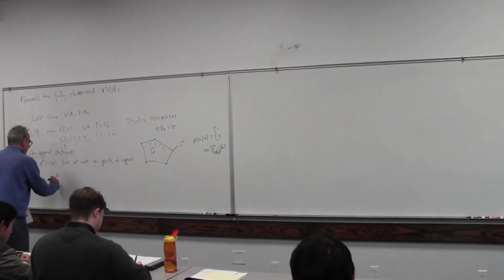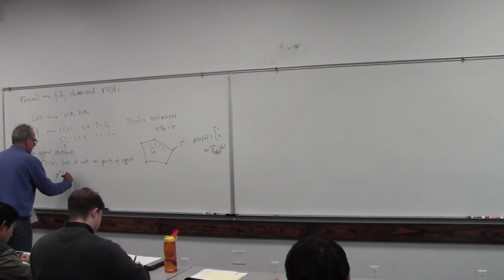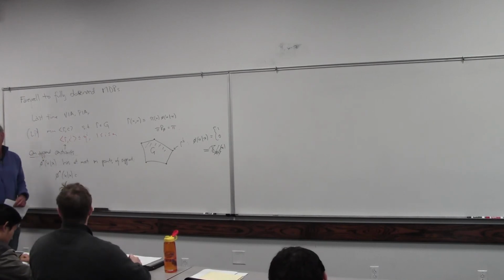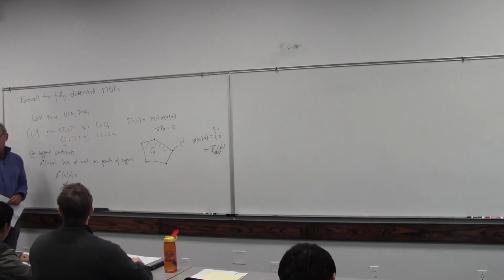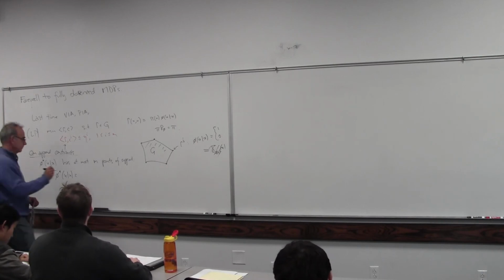So what does that say? It says that phi star of u given x is equal to 0 for all but at most m points u.